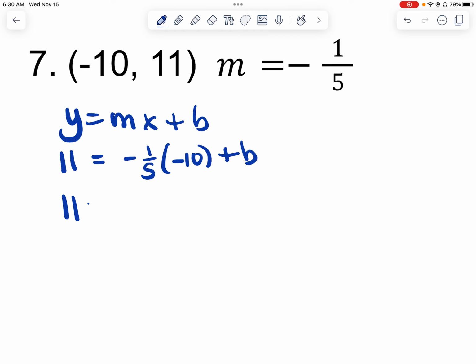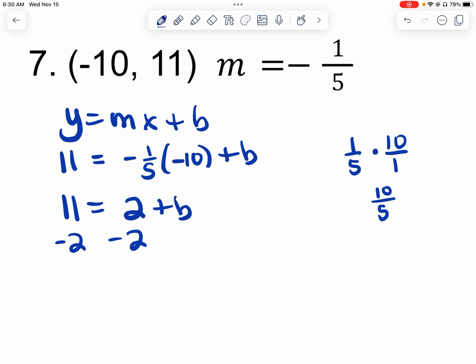So I get 11 equals, negative times a negative is a positive. Now some of you are still having trouble with multiplying fractions. Okay, I multiply across, I get 10 over 5, which is 2 plus b. I subtract 2 from both sides, and I get 9 equals b.